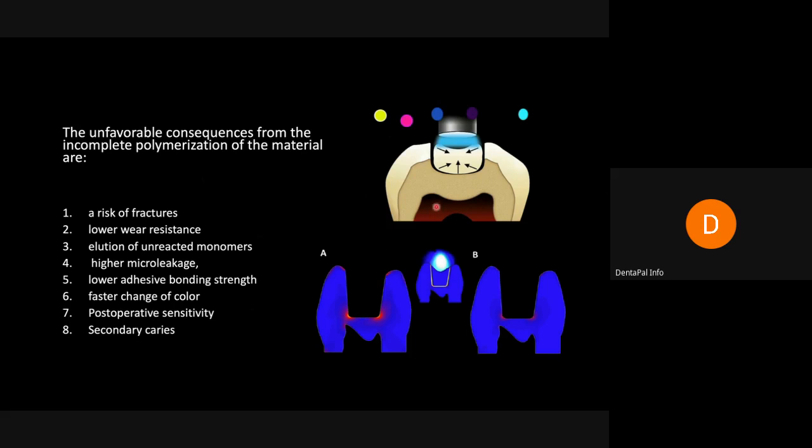We may lose the restoration after a few months, faster change of color because of incomplete polymerization and the presence of a high amount of free monomers, post-operative sensitivity, and secondary caries. All of these are consequences of polymerization shrinkage. And clinically, I can feel that as pain in the patient, discoloration, secondary caries, and sensitivity. Sometimes cracks on the lateral walls.